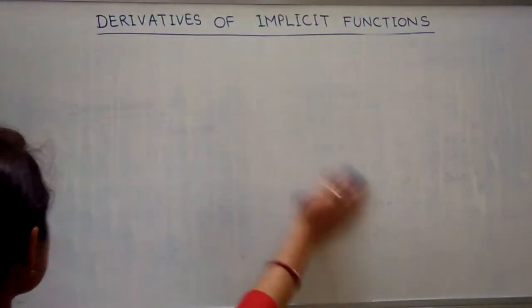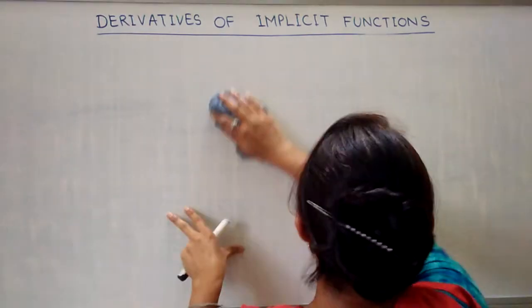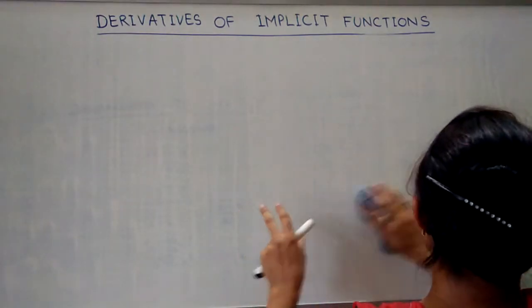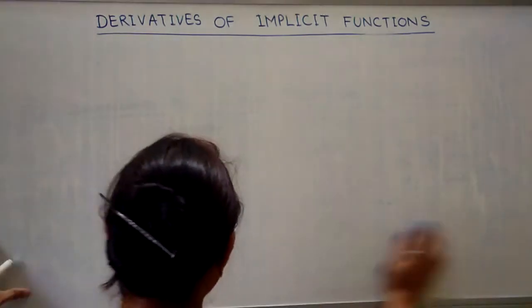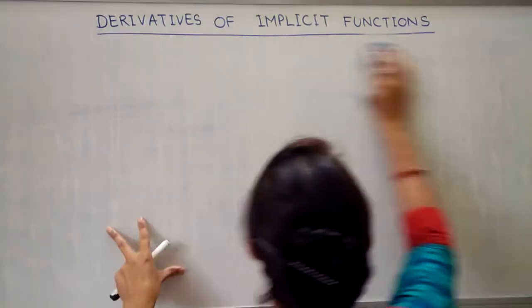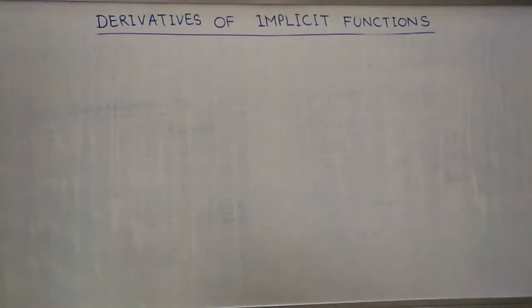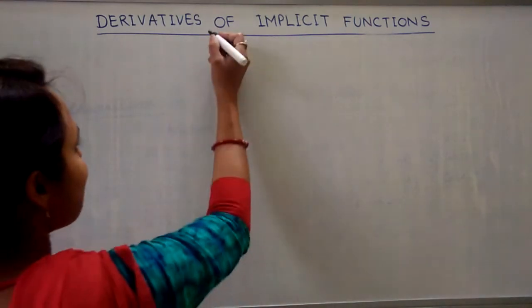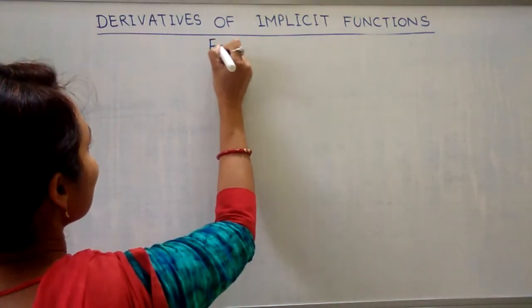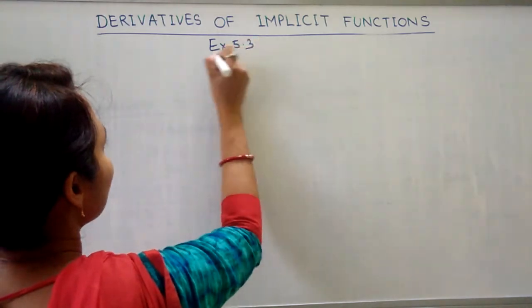Before starting, do not forget two formulas from the algebra of functions, the algebra of trigonometric functions: u into v and u plus v. I will use u into v in this exercise.